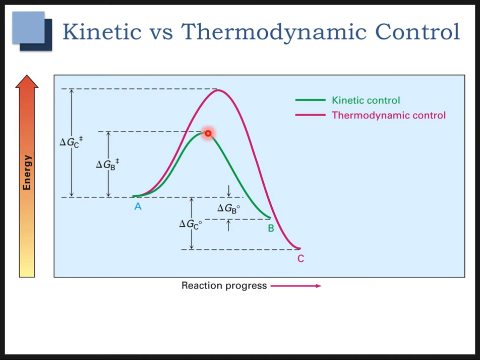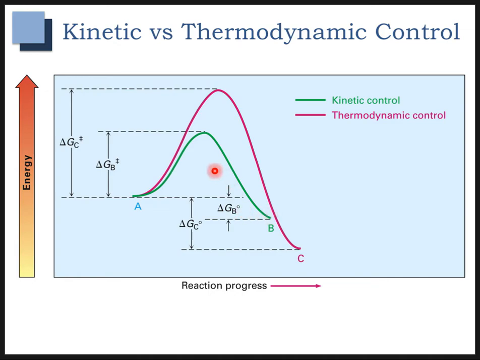One, look at the activation energy. The activation energy is lower than the thermodynamic control situation. So when you have a reaction that is kinetically controlled, you have a lower activation energy, meaning that this is a slower reaction. Also notice that the product is not as stable.